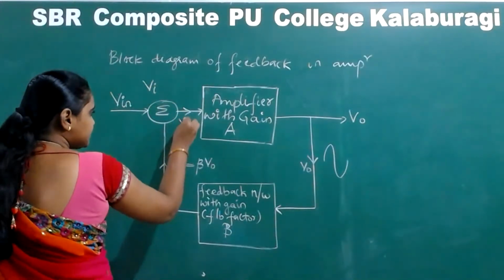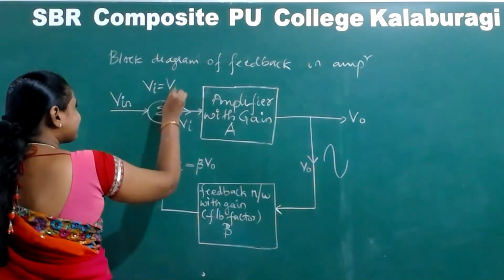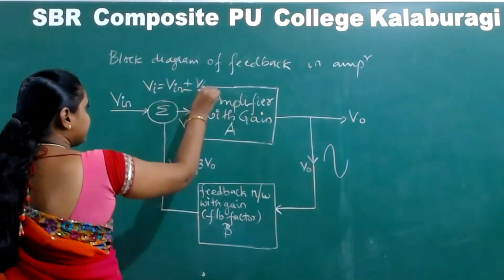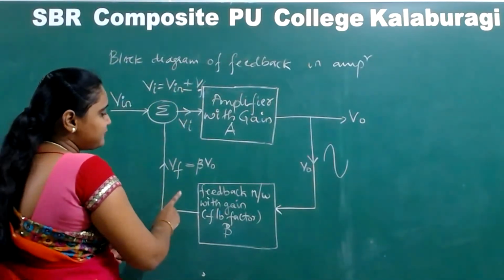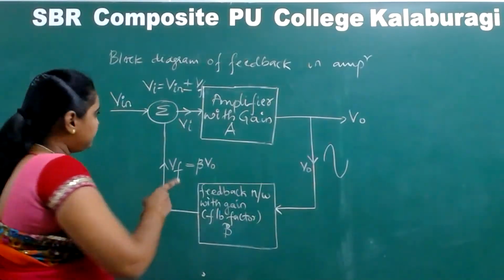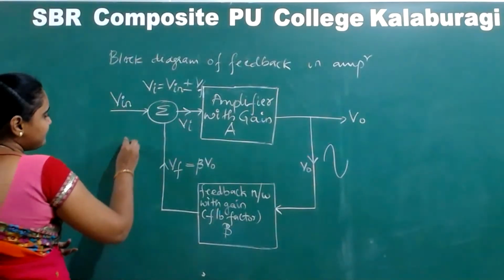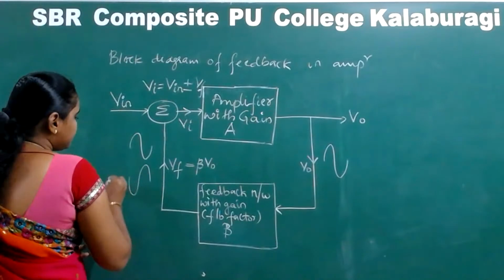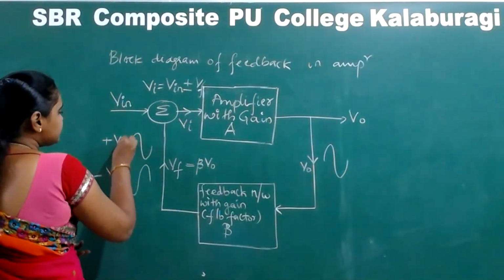So Vi is equal to Vin plus or minus Vf. Why am I writing plus or minus? Because we are not specifying whether this type of feedback is positive or negative. So it can be positive or negative, and this Vf can be in phase or out of phase. So this will be minus Vf, and this will be plus Vf.